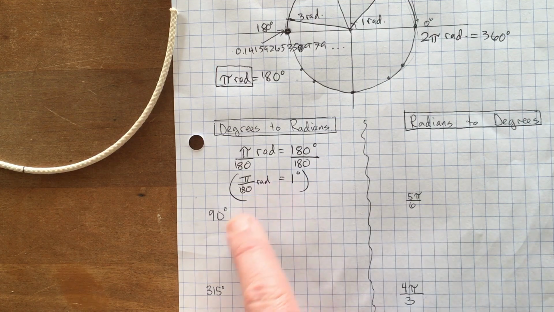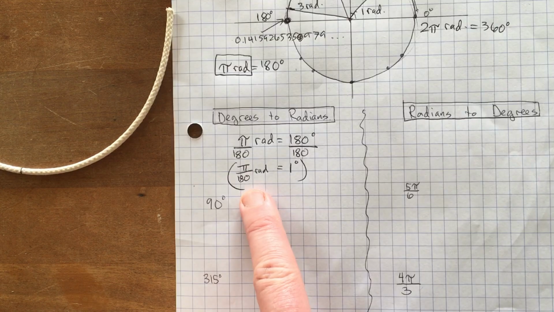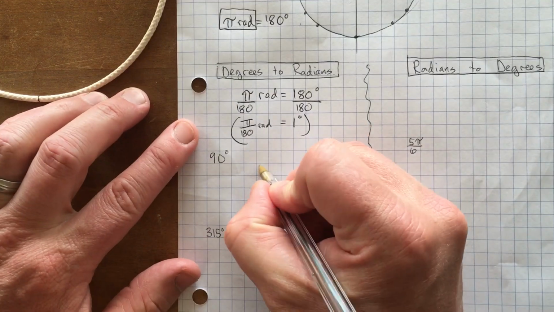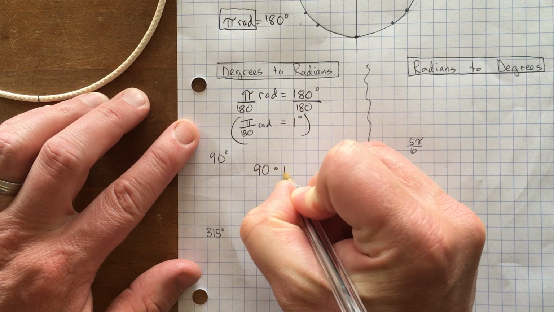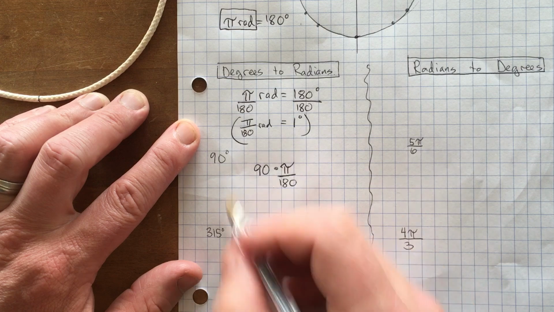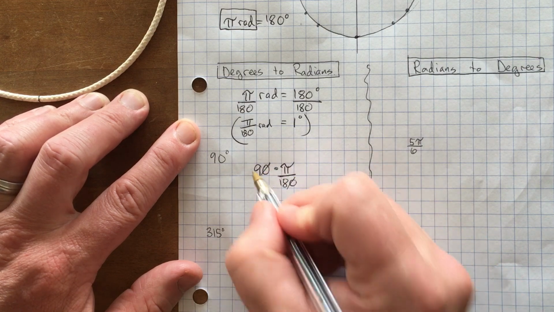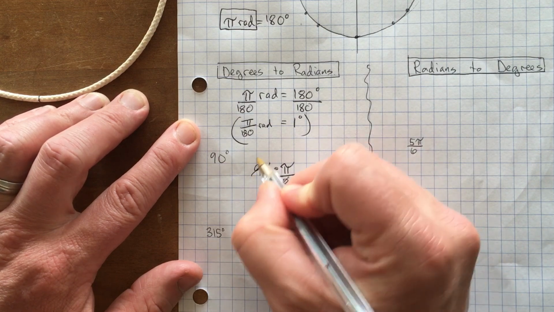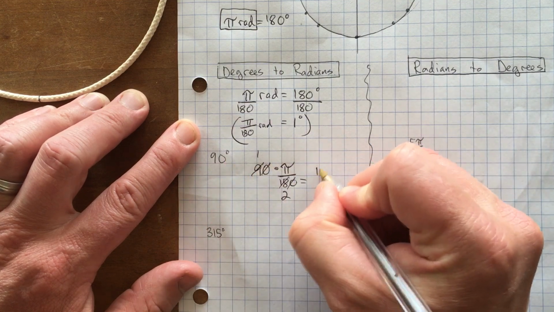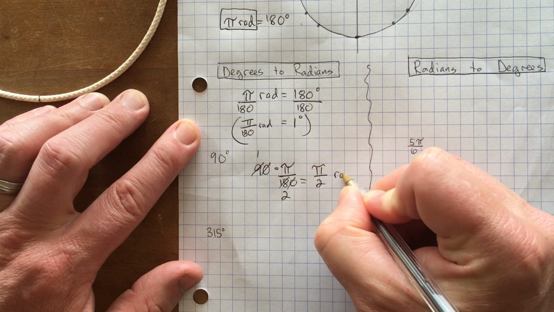If I want to know how many radians there are in 90 degrees, there's 90 of these, 90 pi over 180s. So we take the degrees that we want to know and multiply by the conversion factor, pi over 180. Then we reduce the fraction. These zeros cancel, and 9 over 18 reduces to 1 over 2. So 90 degrees is equal to pi over 2 radians.